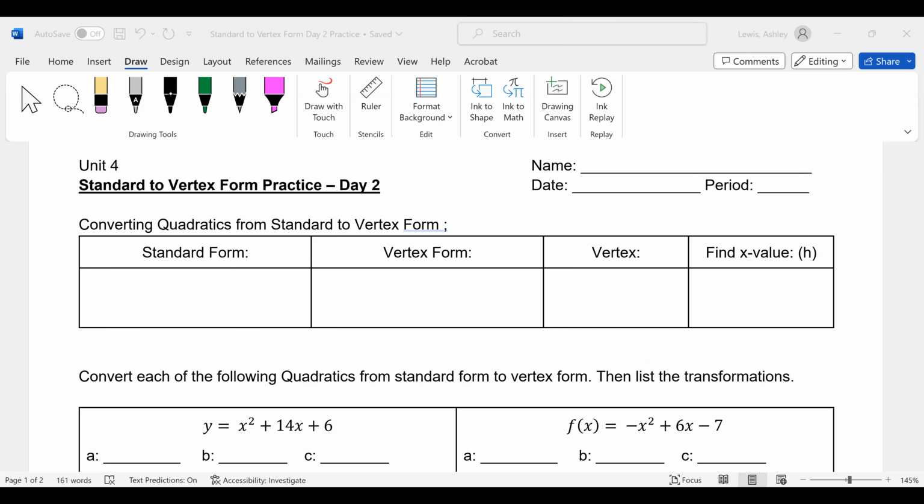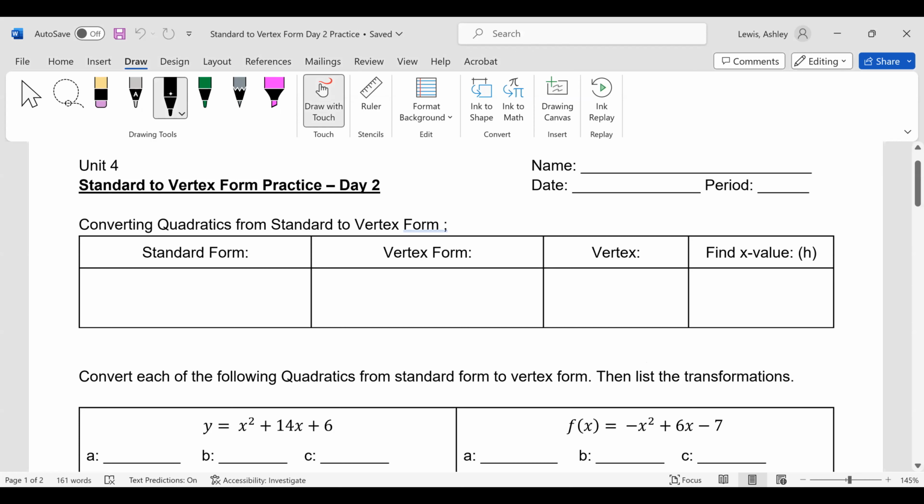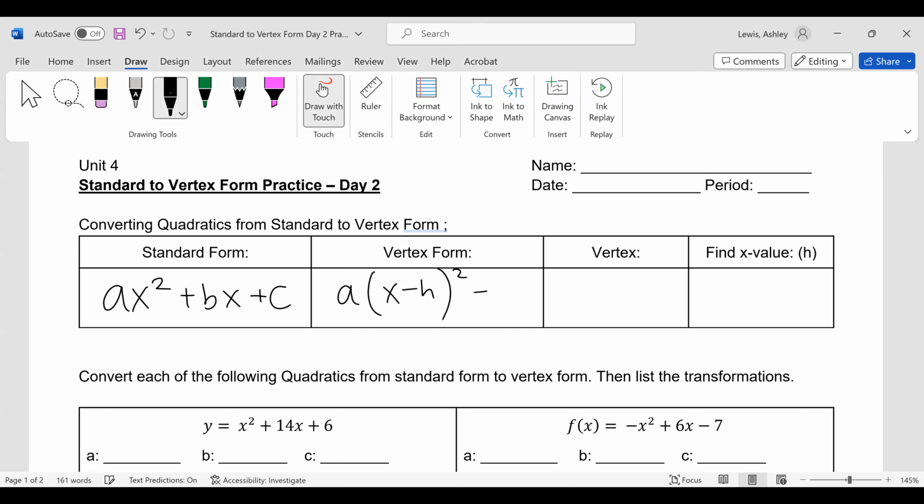Okay, so in your practice, it has your notes compiled for you. The standard form is ax squared plus bx plus c. The vertex form is a times x minus h squared plus k. This is the top of your practice.